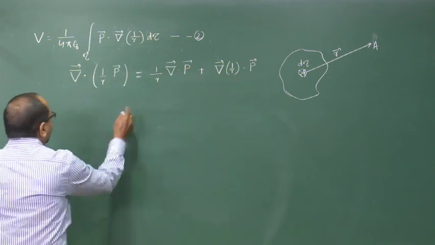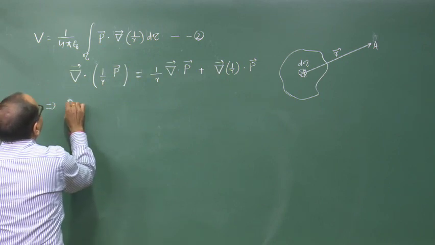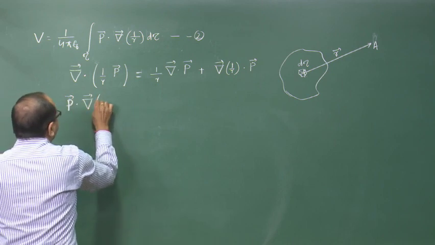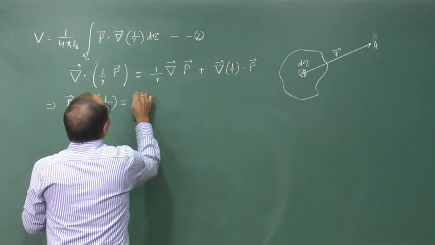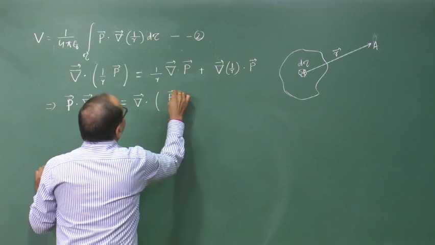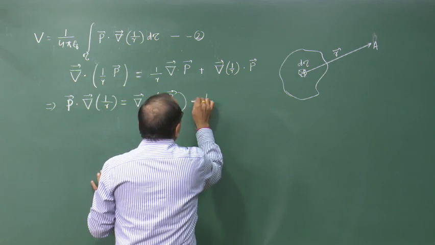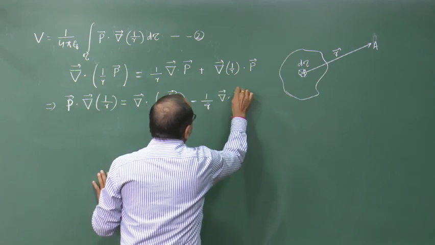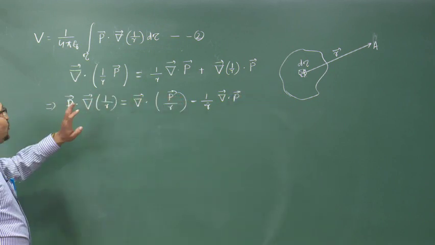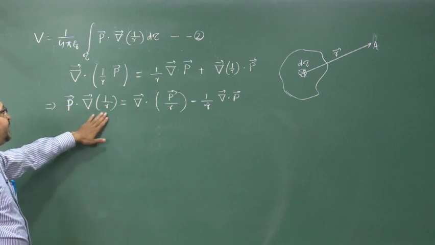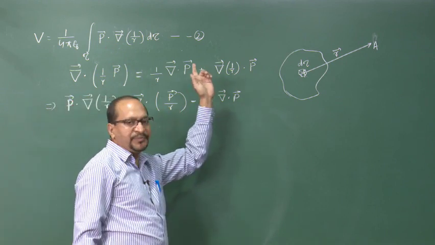Therefore, P dot gradient of 1 by r is equal to divergence of P by r minus 1 by r into divergence of P. Okay. So, in equation 2, in place of P dot gradient of 1 by r, we will put divergence of P by r minus 1 by r into divergence of P.